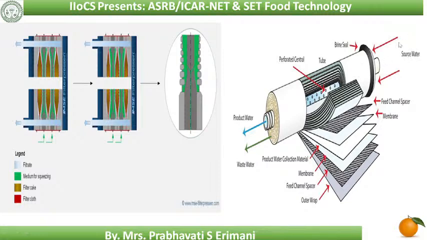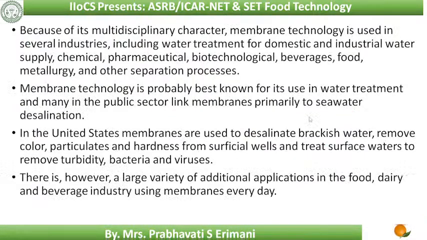Here the water will be entering, so the product water will remain, and the effluent is also shown. This is the feed channel spacer. This is the tube from the first picture I showed; this is its inner division.